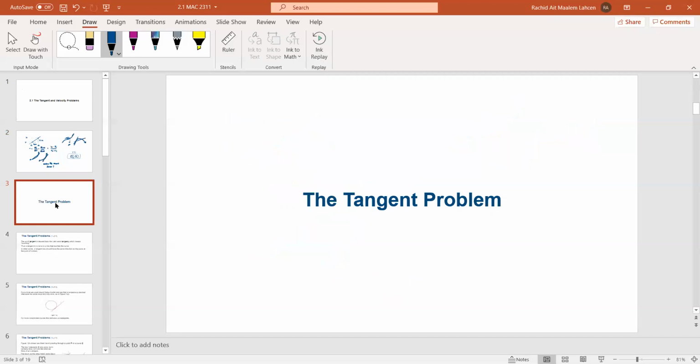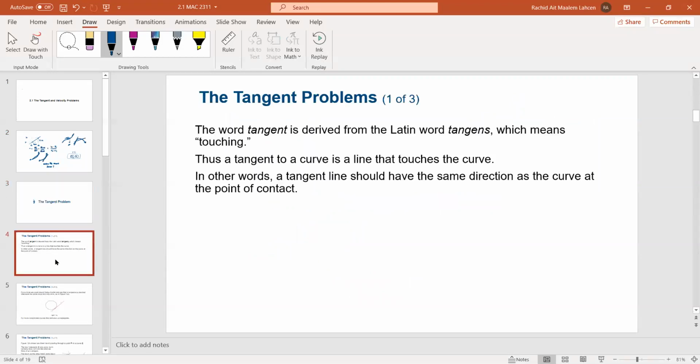So what is this first tangent problem? The word tangent, and of course in math there is also the tangent function or something, you know. This is something else, the tangent to a curve.